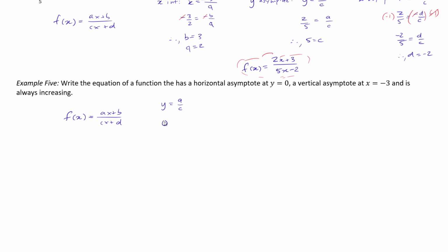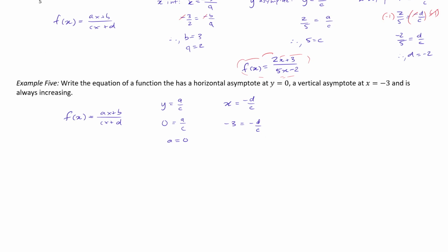I know that 0 is equal to a over c. Well, if that's a fraction, right, a fraction can only be 0 if a is equal to 0. So a is equal to 0. All right, so I've got my a value there. My vertical asymptote is given by the equation x is equal to -d over c. Right, and so therefore -3 is equal to -d over c, right?